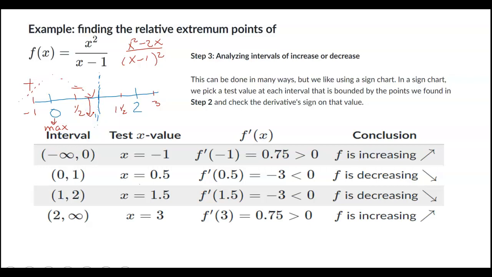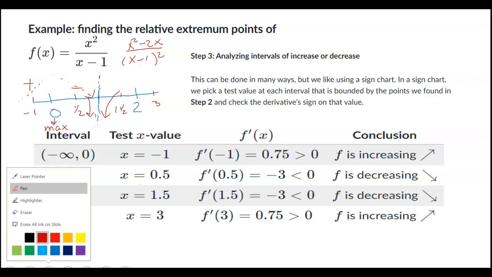So the limit as x approaches 1 from the left is negative infinity. From the right, we plug in 1.5, that's also negative, so it's decreasing here too. Oh wait, I just drew that backwards.